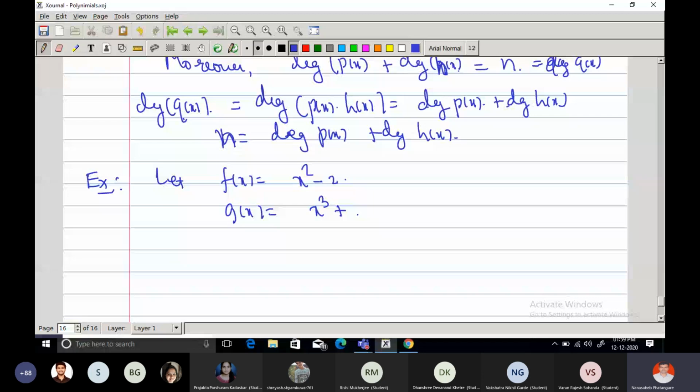Does f(x) divide g(x)? You just think about it. To understand this divisibility, we'll have some techniques. Smart techniques and smart results are there. We'll discuss those results in the next sessions, so that you can easily predict whether one polynomial divides another polynomial or not. Okay, so we'll discuss next time. We'll stop here. If you have any difficulty, you can ask.